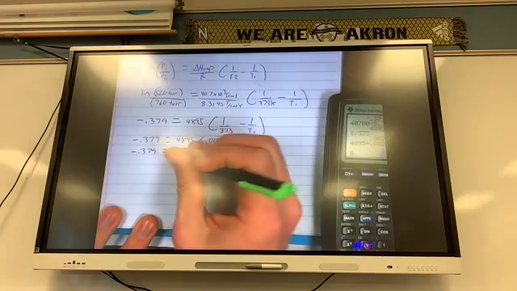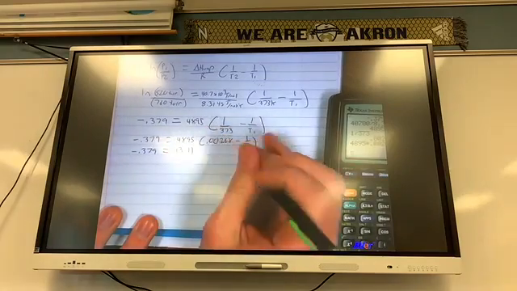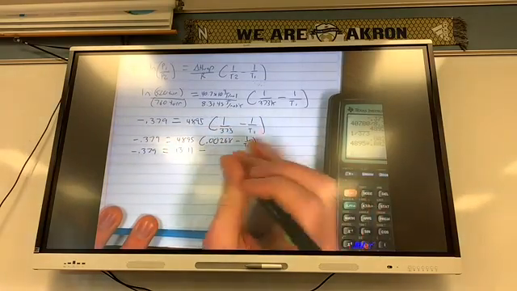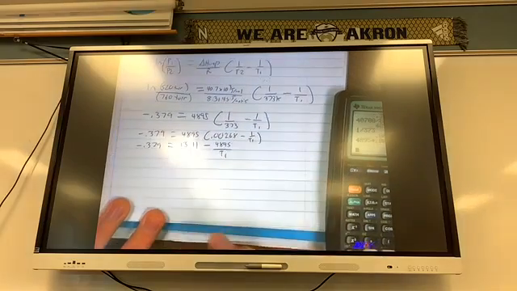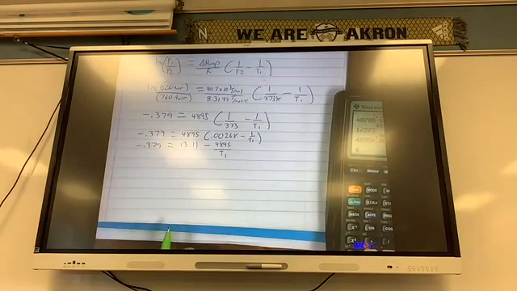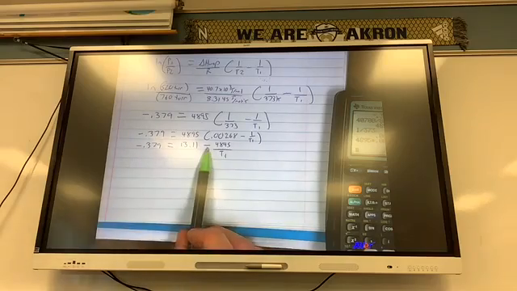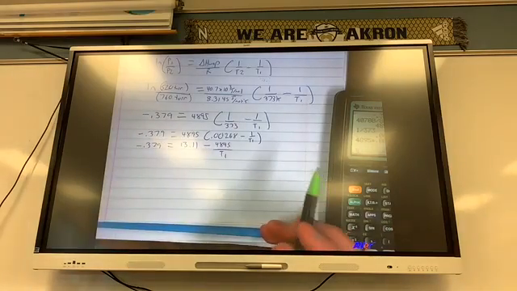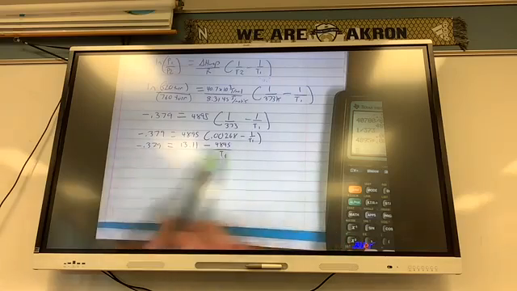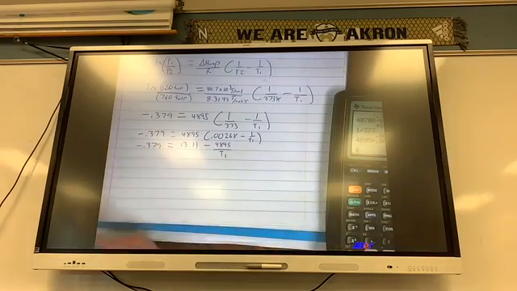So that equals 13.11 minus 4895 over T1. There's lots of ways you can do this.